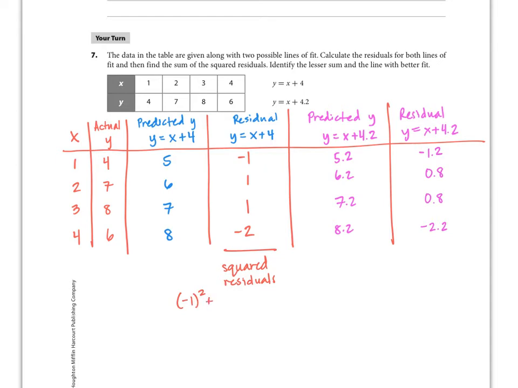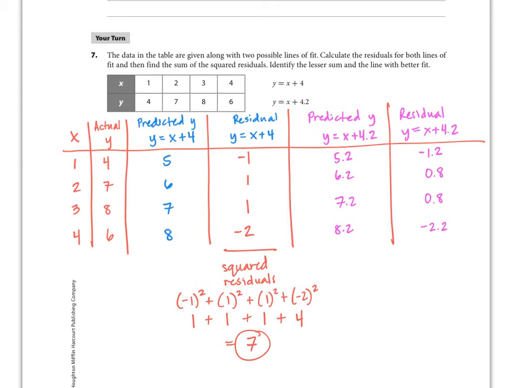And I'm going to add that with all the other ones squared. Okay, so these ones are pretty simple. Negative 1 squared is 1, plus 1 squared is 1, 1 squared is 1, and negative 2 squared is 4. So altogether, that is 7 is my sum of the squared residuals.